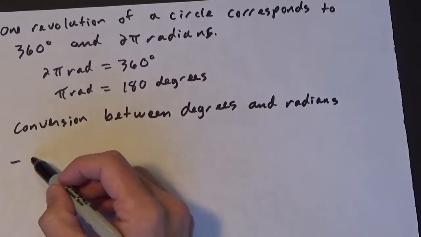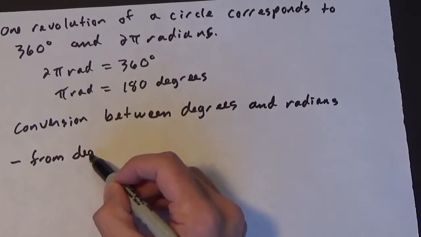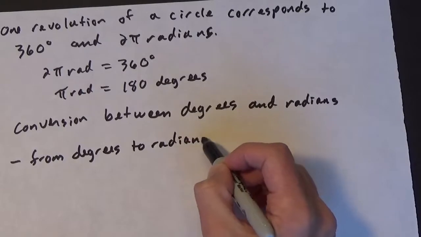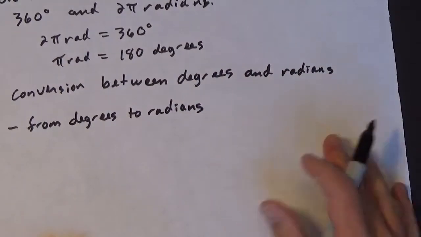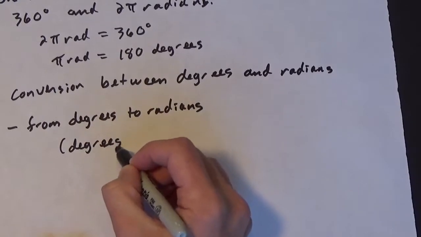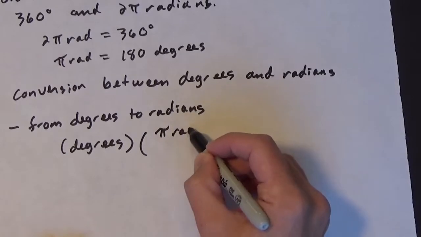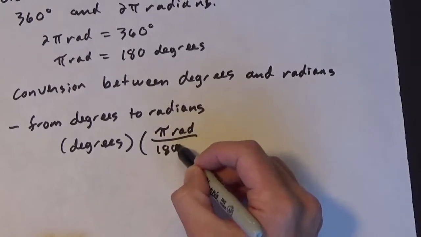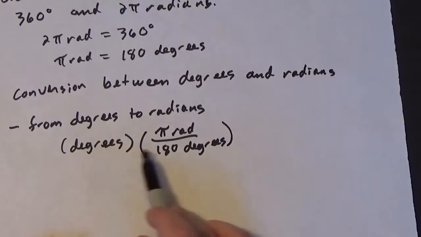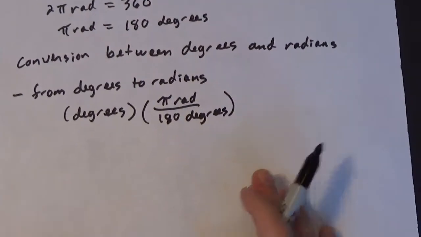If we want to go from degrees to radians, we take our degrees and multiply by pi radians over 180 degrees. That makes sense because when we multiply it out, the degree units cancel out and we end up with only radians.